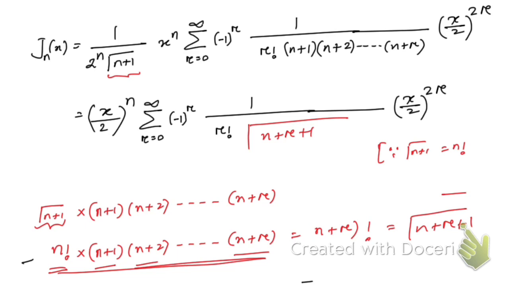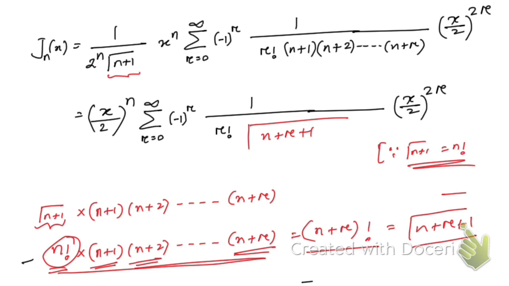So similarly, factorial n into n plus 1 into n plus 2 into dot dot dot n plus r, that's going to be equal to factorial n plus r, which can be written as gamma of n plus r plus 1 using this property, right? But why have we expressed this in terms of gamma instead of factorial?